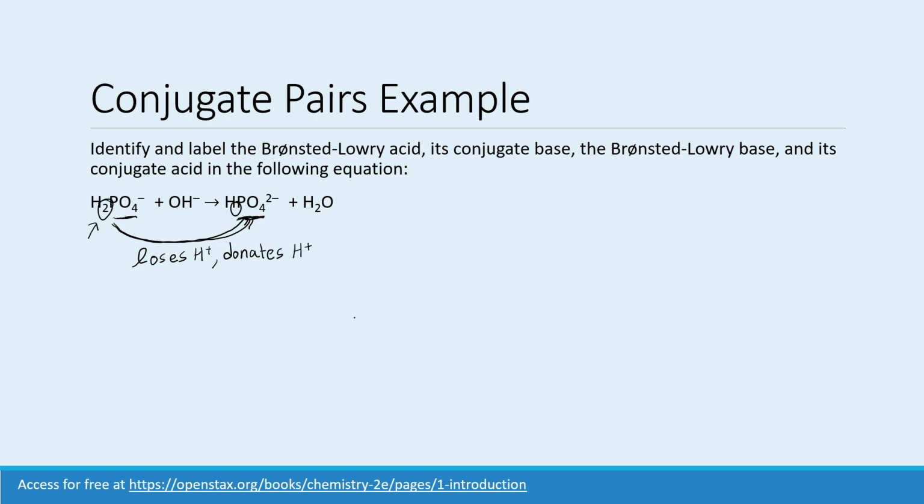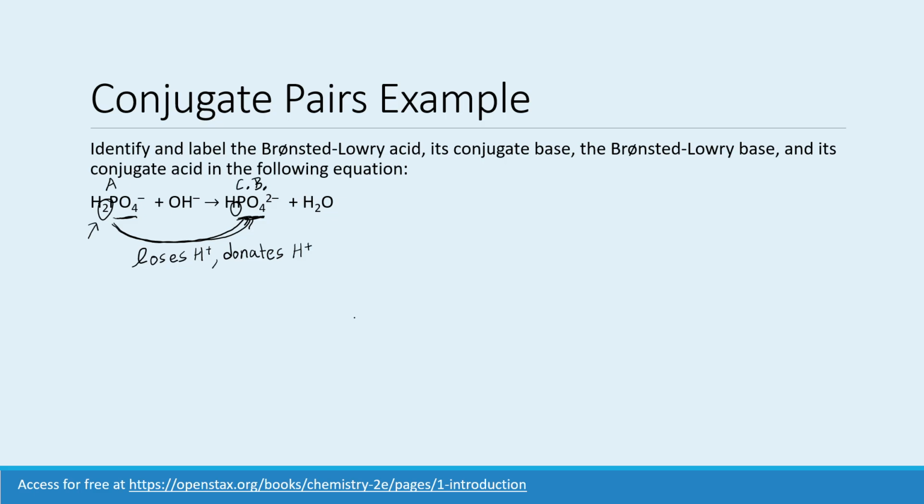Okay, and if you donate an H plus, you know that you must be an acid, right? So by definition, donating an H plus means that that must be our acid. So I'm going to write an A over top of it. Now, whatever is the acid on the reactant side, what it forms on the product side must be the conjugate of the opposite. So that has to be the conjugate base.